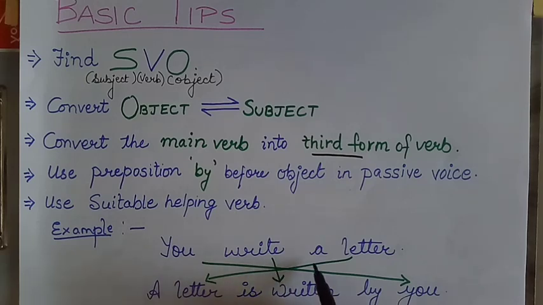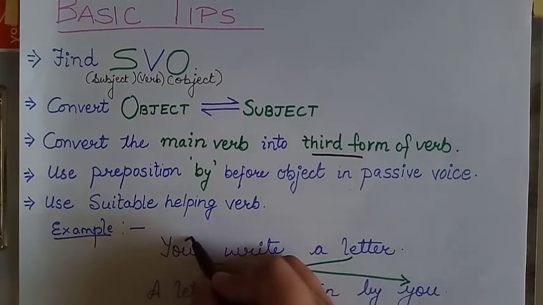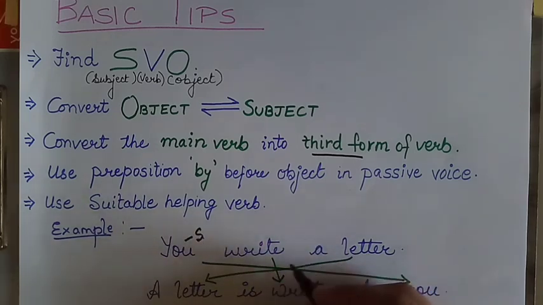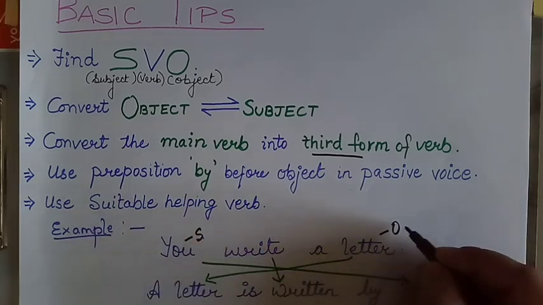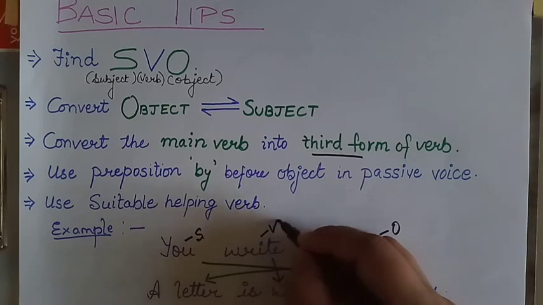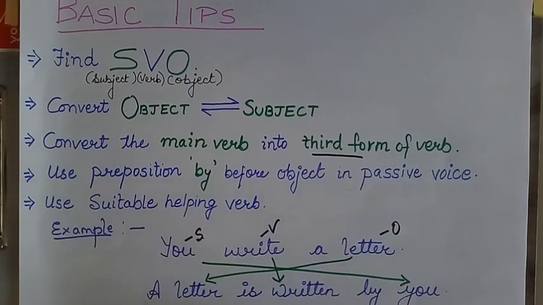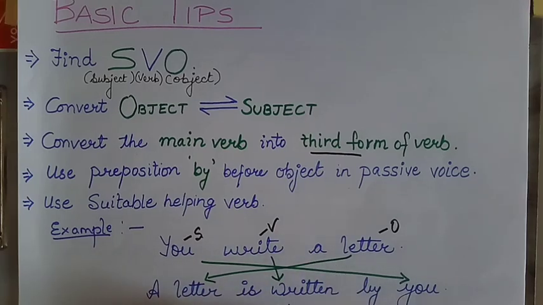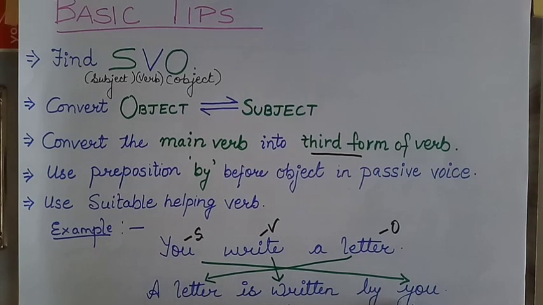You write a letter. Here, you is the subject, a letter is the object, and write denotes the verb. Now, as I mentioned, the second pointer, the object will be the subject here. So we will start with a letter. You will be the object here, so by you.